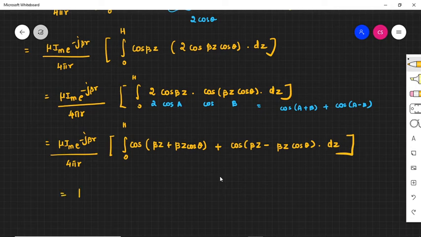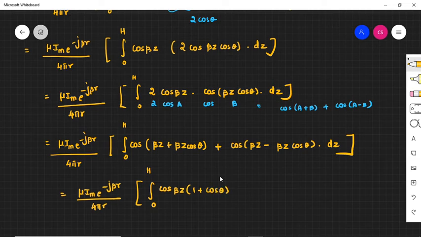So this will become mu Im e power minus j beta r divided by 4 pi r integration of 0 to h. We can take beta z commonly outside. So this becomes cos beta z into 1 plus cos theta, plus cos beta z into 1 minus cos theta, into dz. Right? Now let us integrate in the next step.